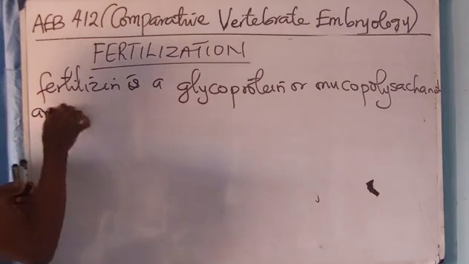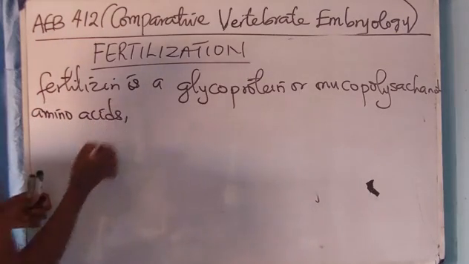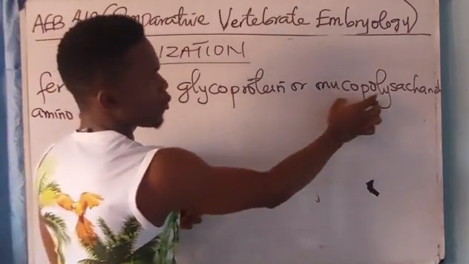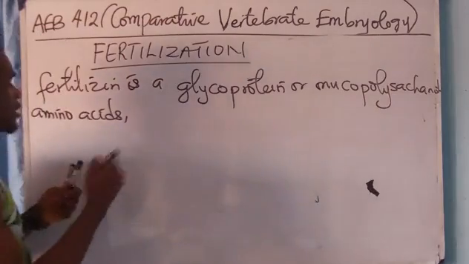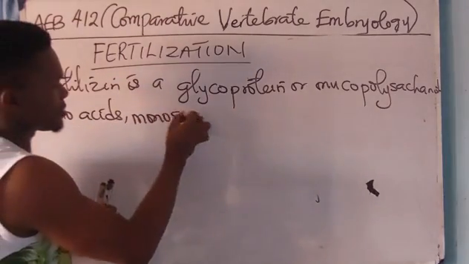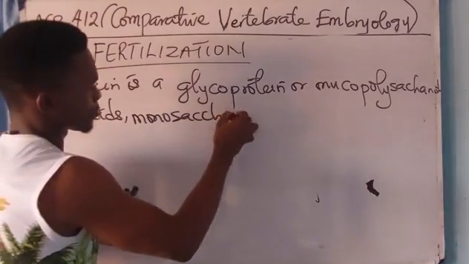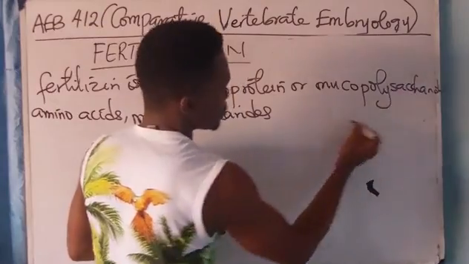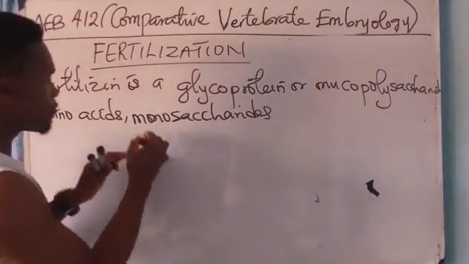Amino acids. But as mucopolysaccharide, it contains 2 or more monosaccharides. What are examples of monosaccharides?